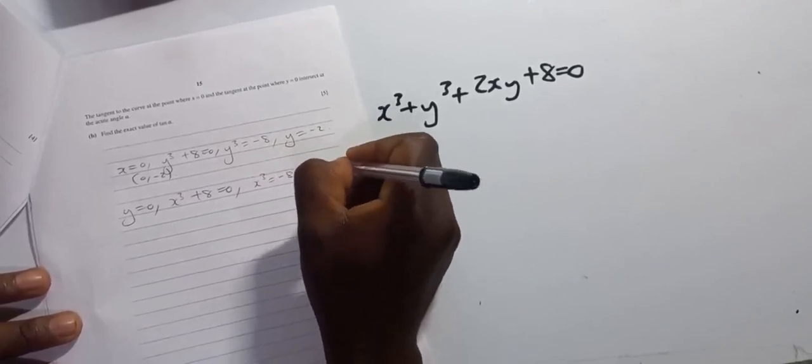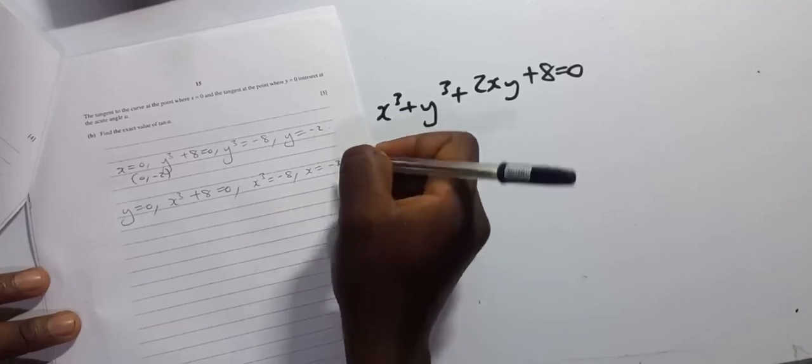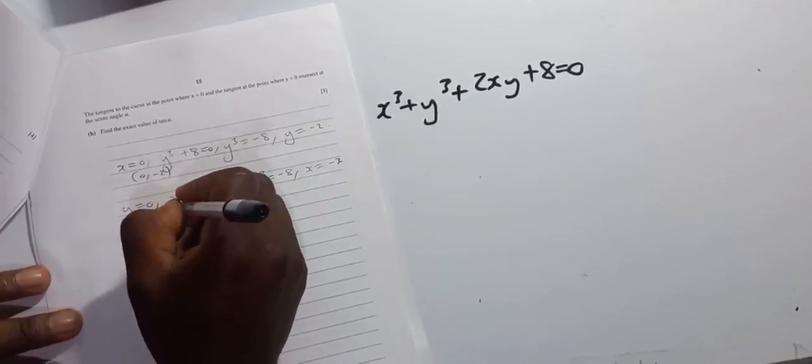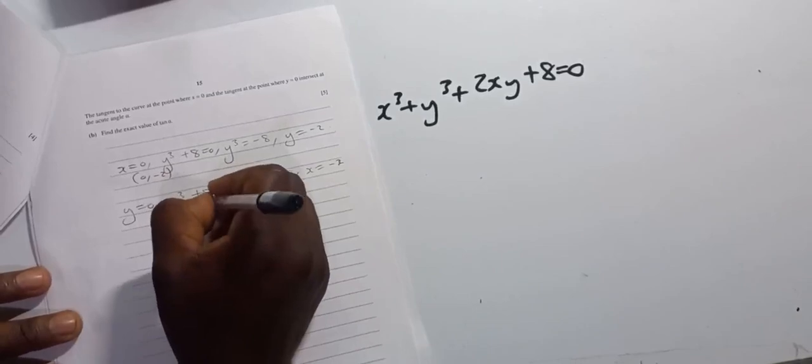Similarly, we get x equals -2. So our coordinate again becomes (-2, 0). So we are going to find the gradients of the two tangents.